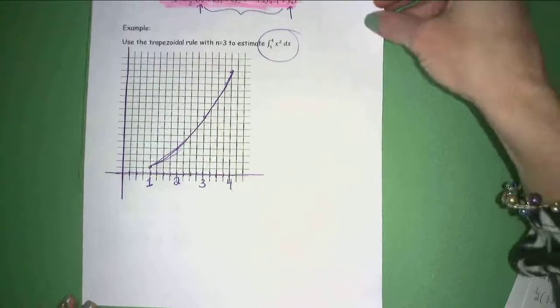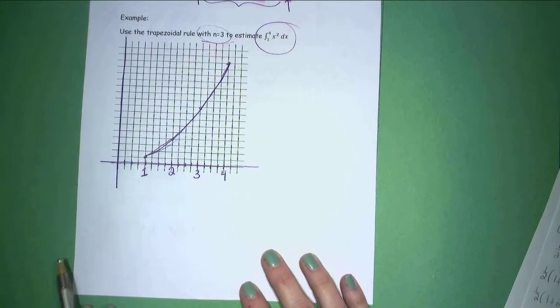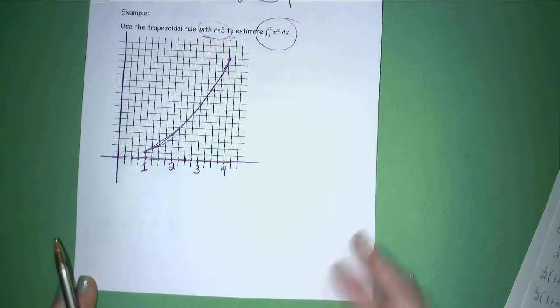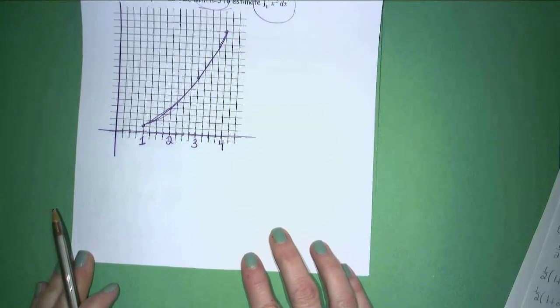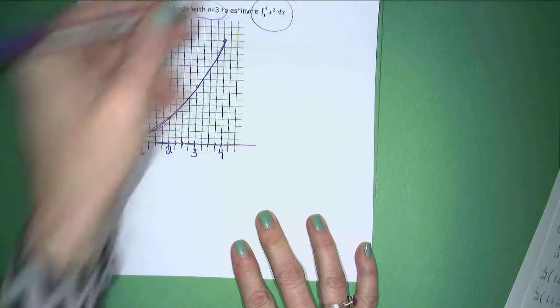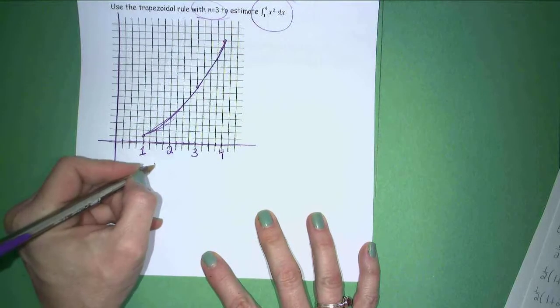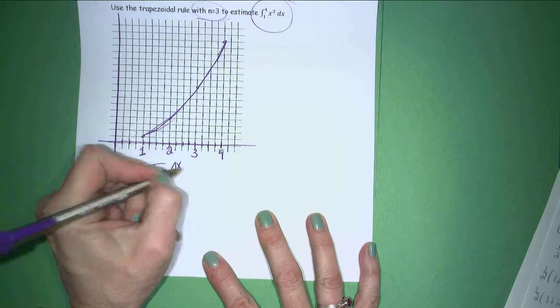Now, my trapezoidal rule, I'm using n equals 3. So I need to get into the mechanics of the formula. So what I'm going to do underneath here is write down the trapezoidal rule from up top. A trapezoidal approximation will take my delta x and divide it by 2.